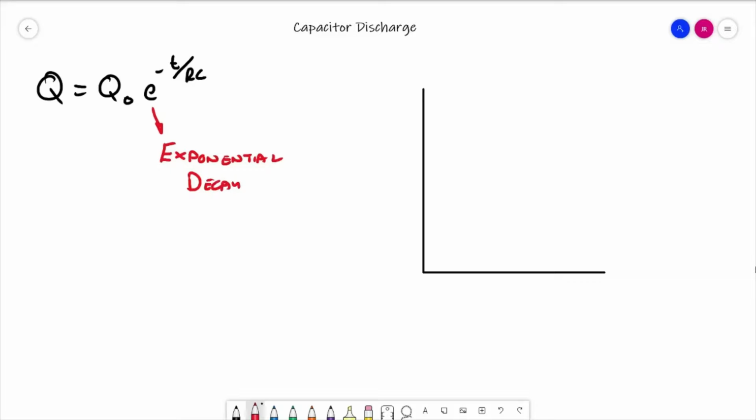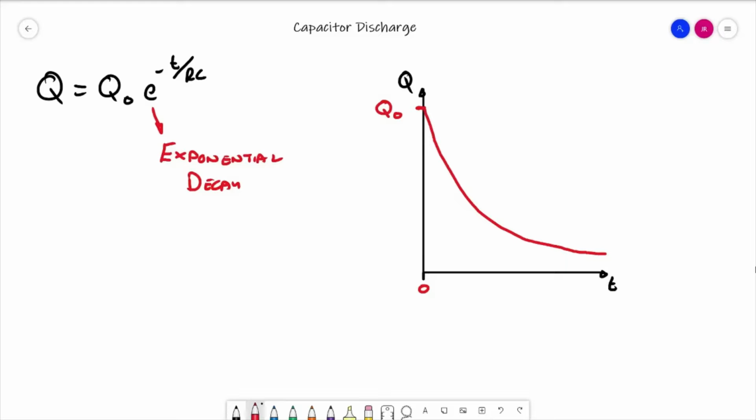And if we were to draw a graph of charge as a function of time, the graph will look like that. So an exponential decrease, an exponential decay, where that initial value, when t is equal to 0, is an initial charge of Q0.